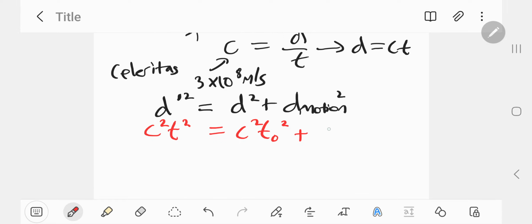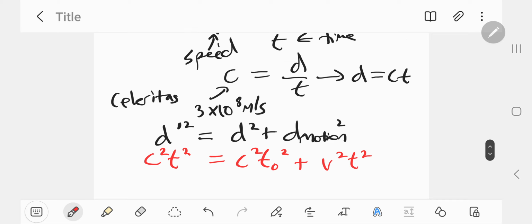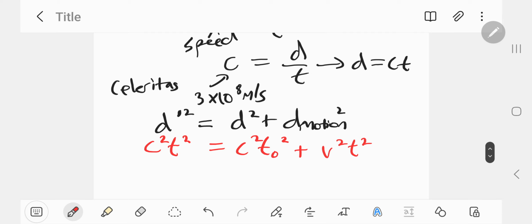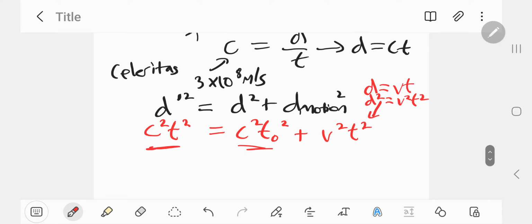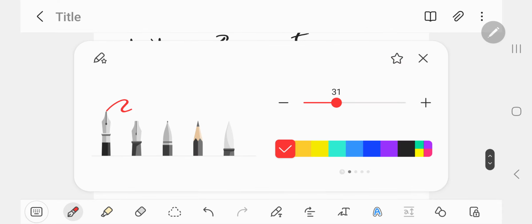Plus, d sub motion is just v squared t squared, because for speeds less than the speed of light, d is just vt. So replace the c with a v, and d squared is just v squared t squared. That's where I got that from. Same thing for these. Nothing mysterious here, just substituted in some facts that we know.